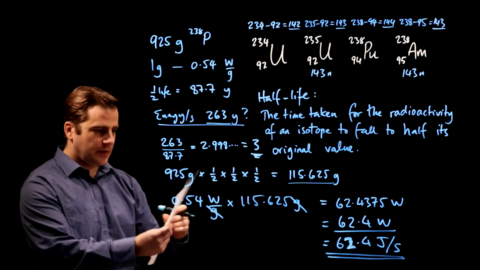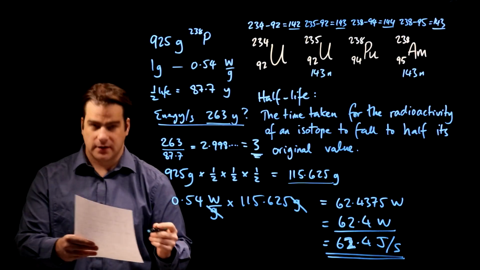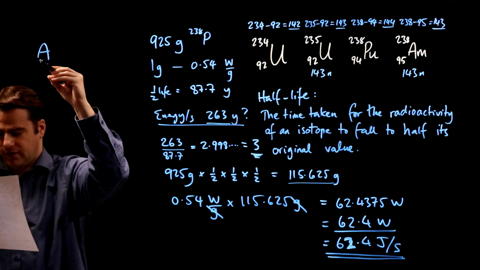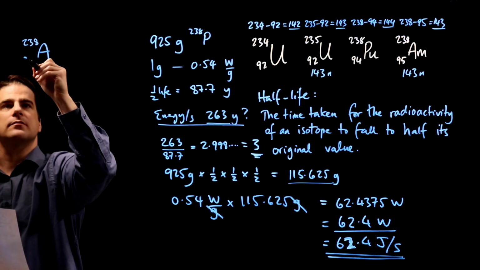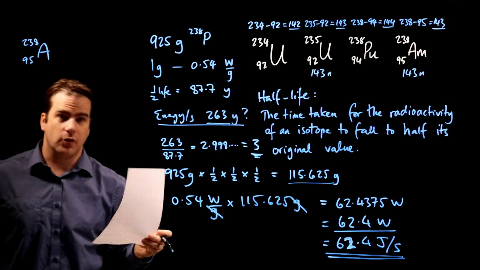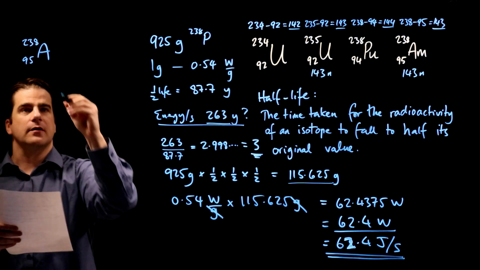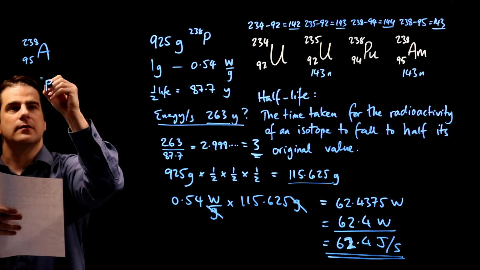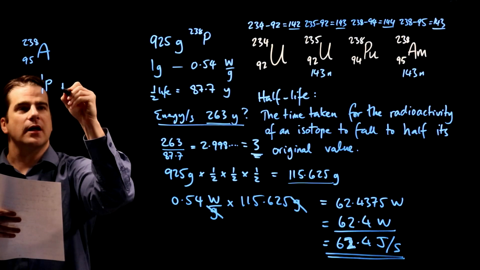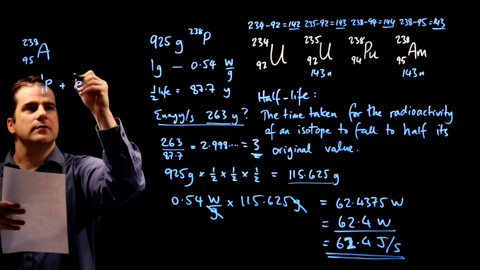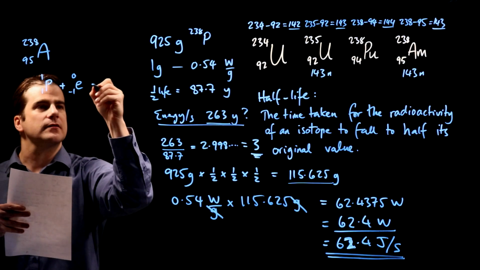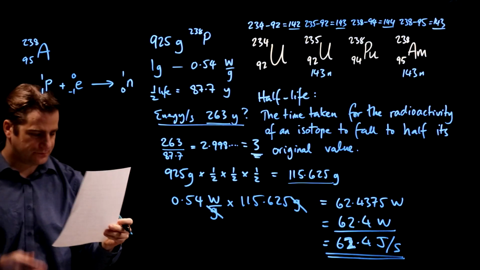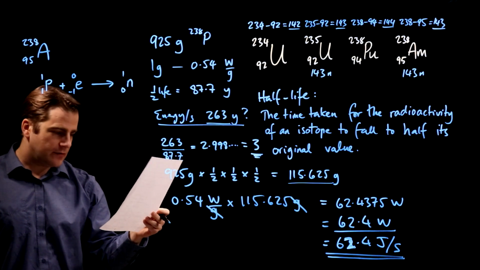Right. Final part. We are told that an americium-238 nucleus can absorb an electron. So the proton in the nucleus, plus the electron, which is drawn like that, turns into a neutron. Yep, that's correct. Right.